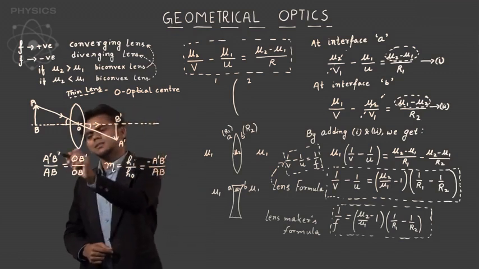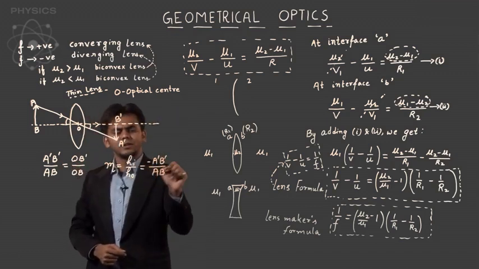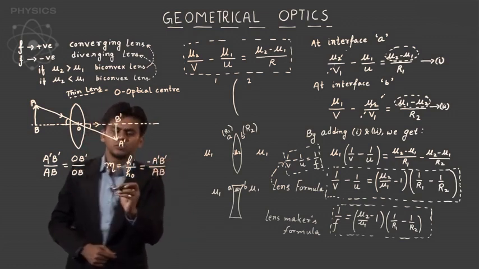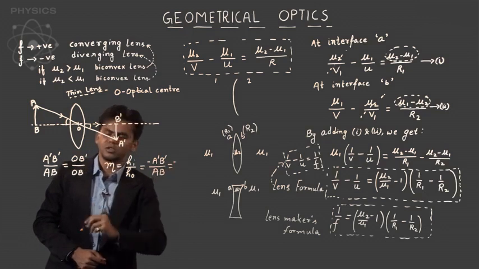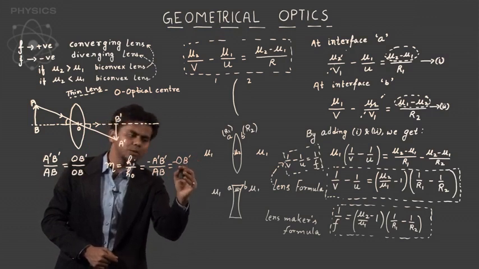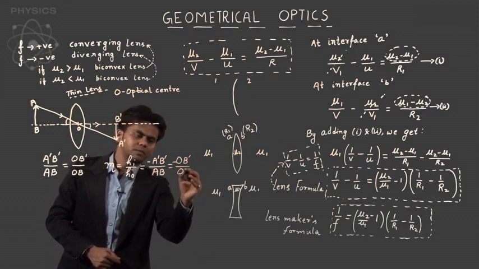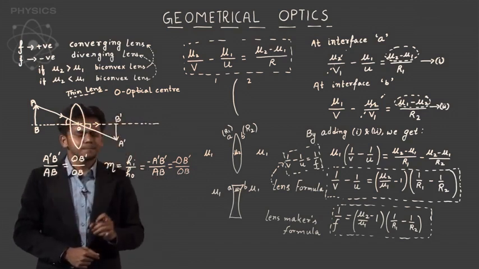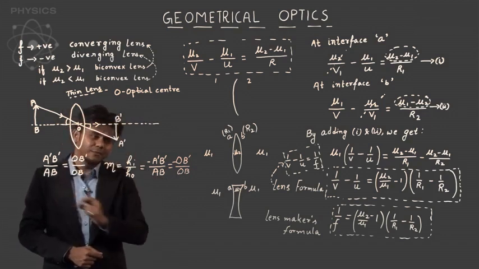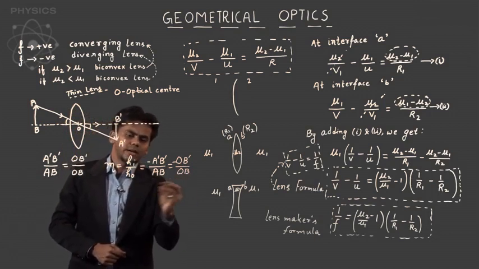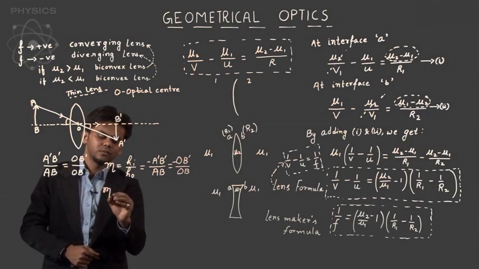If I plug in this thing for A'B' upon AB, this thing comes over here. So magnification now becomes minus of OB' upon OB. What exactly is OB'? OB' is positive v. Let me just write it for you.